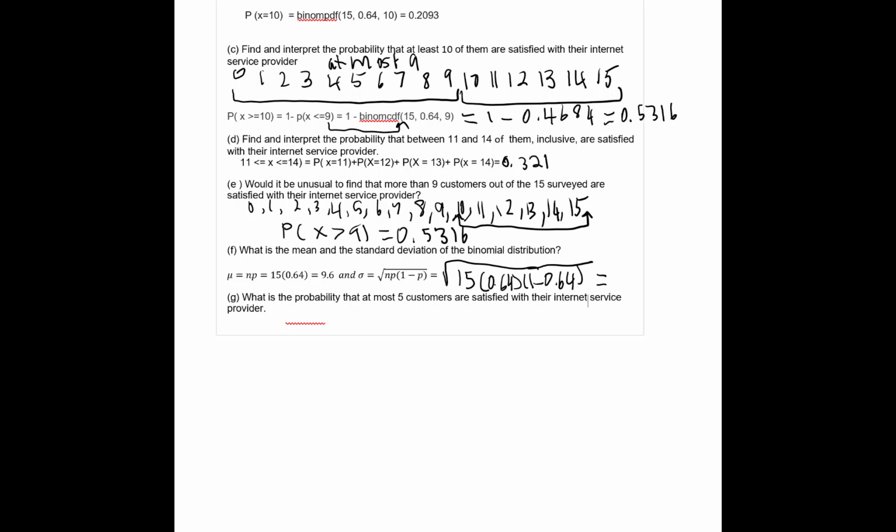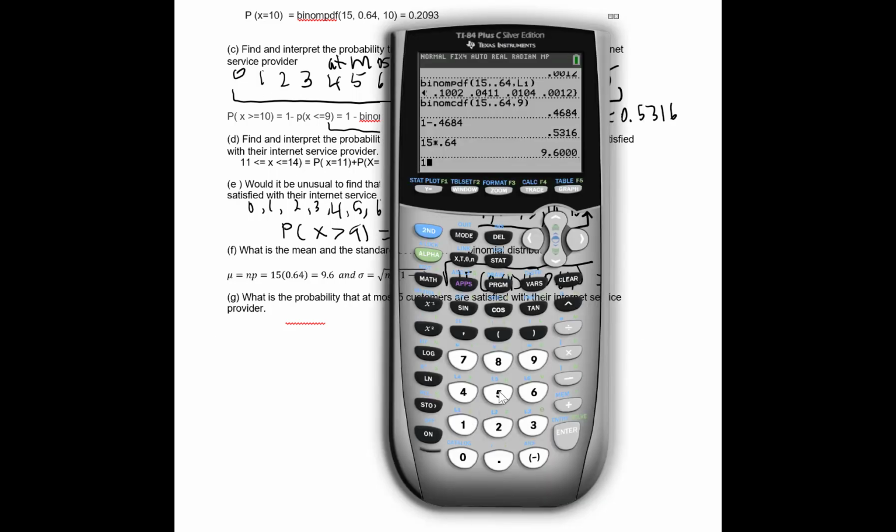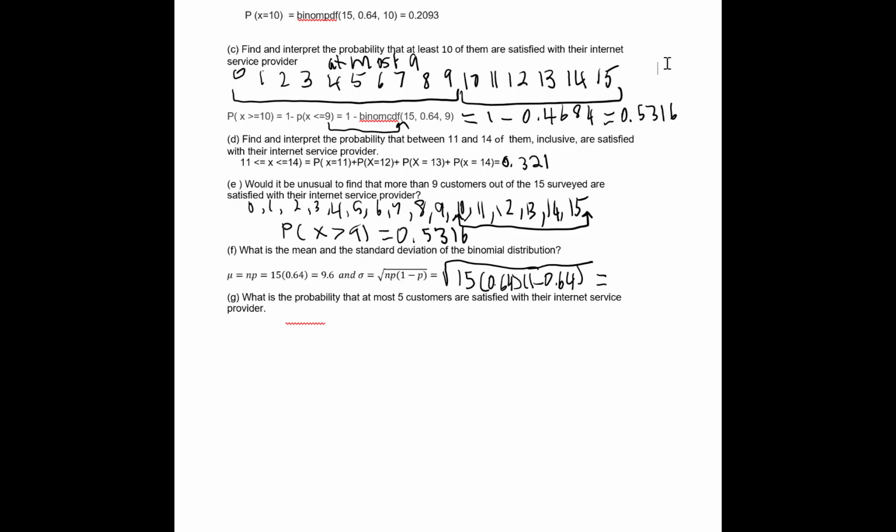Now if you bring your calculator back up, 15 times 0.64 times 1 minus 0.64, equal, and then I need the square root. To find the square root, raise it to the power of 0.5, which is 1.859. If he asks you to find the variance of the binomial distribution, it will be sigma squared, so you don't do the square root. It will be 15 times 0.64 times 1 minus 0.64.